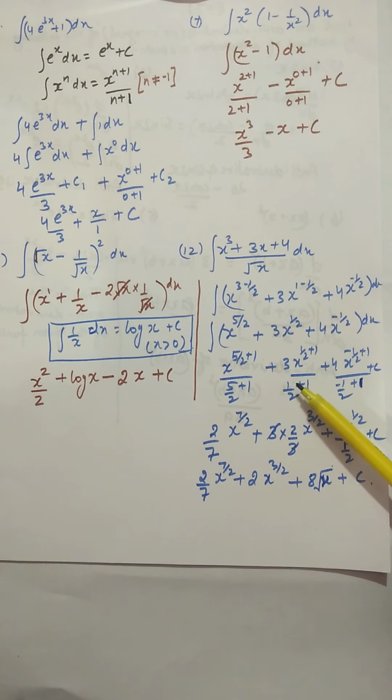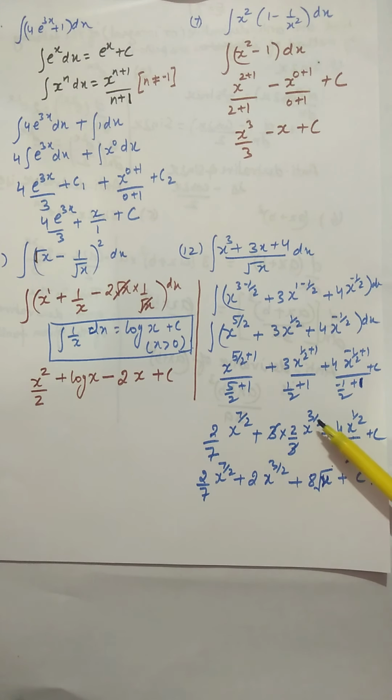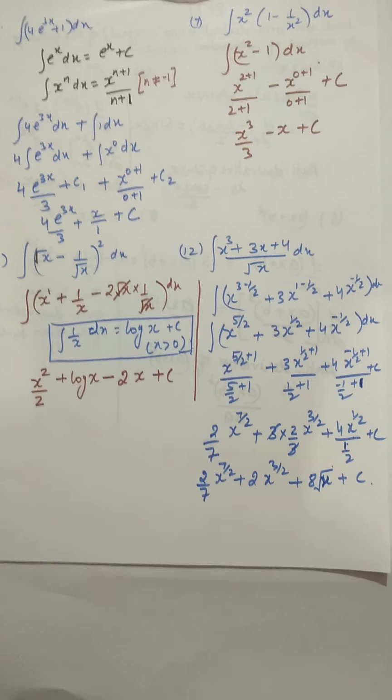This 3 will get cancelled, this is 3/2, and 2x^(3/2), 4x^(1/2) and this is also 1/2, plus c. So 2/7 x^(7/2) plus 2x^(3/2) and this is 2 into 4, 8 root x, because x to the power 1/2 can also be written as root x, and lastly you write c as the constant of integration.